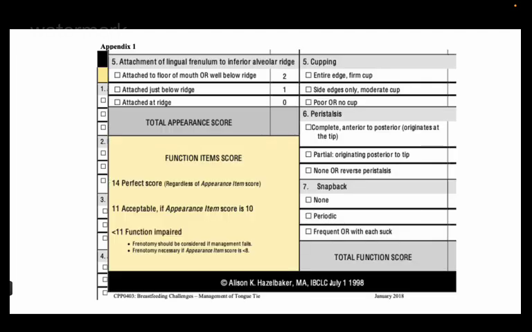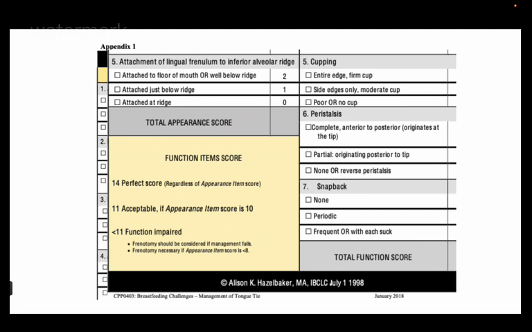Along with that, in the anatomical part we will check the attachment of the lingual frenum to the inferior alveolar ridge, that is the lower incisor tips. In functional, we will go for cupping, peristalsis, and then snapback. On the right side you have the functional score, and on the left side the anatomical score.